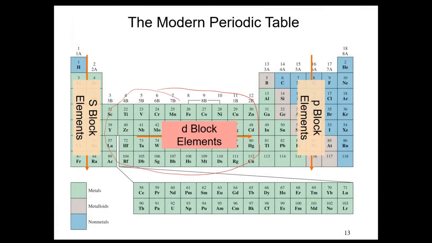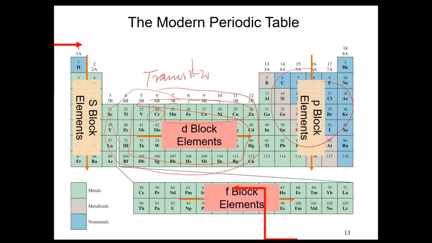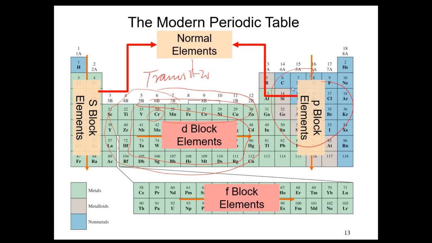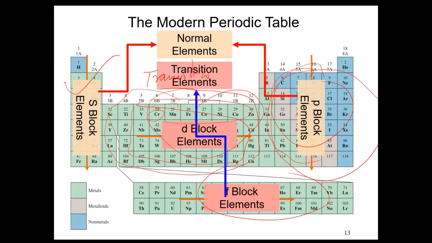When I give you any element from this part, it means it is a transition element. But these are normal elements, the S and P blocks, this one and this one. But these D and F are transition elements.